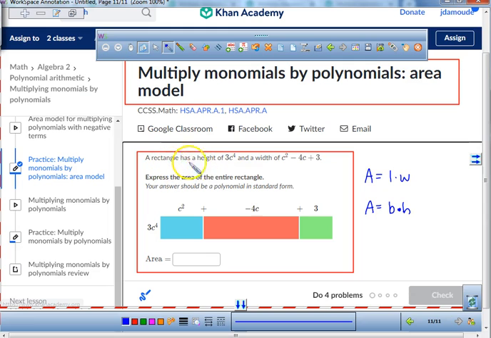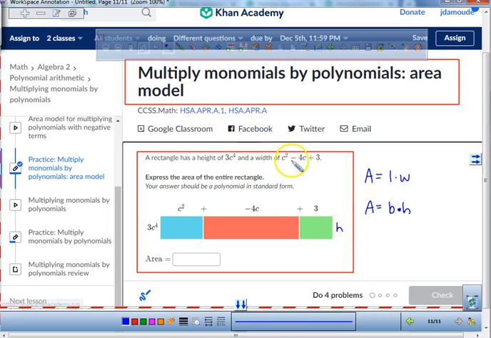Okay, so it says a rectangle has a height of 3c to the power 4. So what are they calling this distance right here? They're calling it the height, and then it has a width of c squared minus 4c plus 3. So basically you're multiplying it times the base, also known as the width. We have to multiply each section together. What is 3c to the power of 4 times c squared?